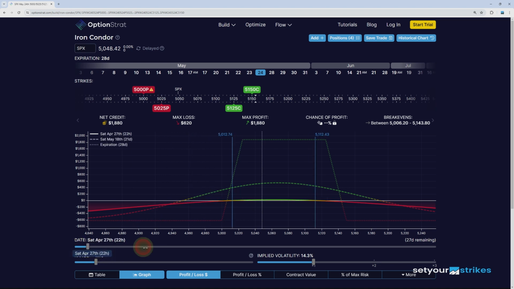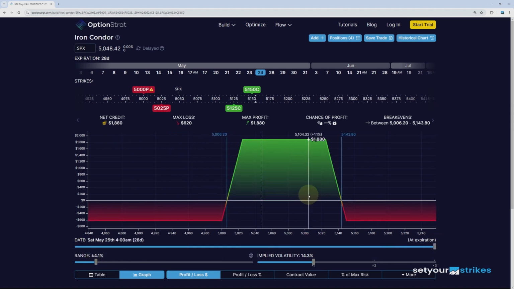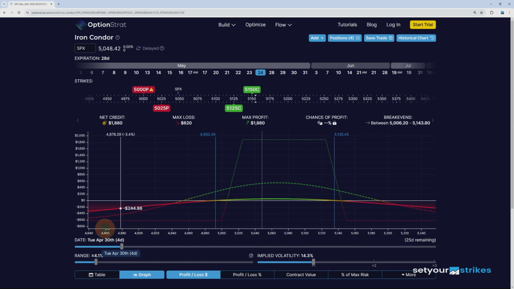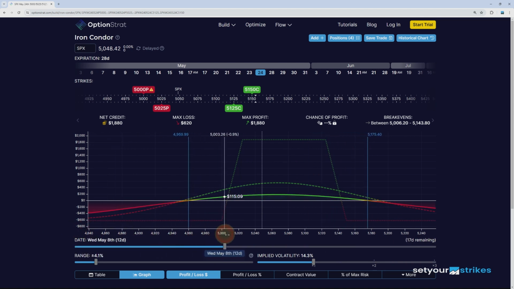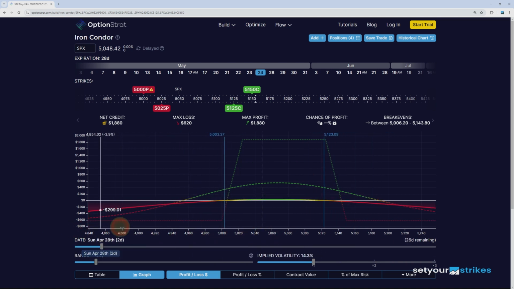And we can see our P&L at expiration. Now we're skewed right to one side here. The current price of our underlying is way to the left side, so we're really close to that break even. Anyway, we just really want to highlight that the same thing applies here, but our break evens are going to look very different than they do at expiration.